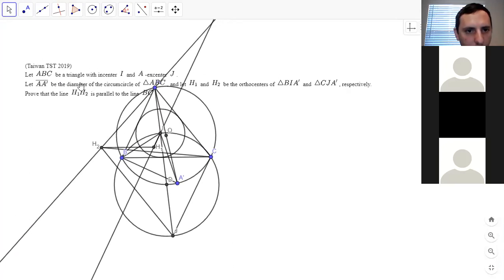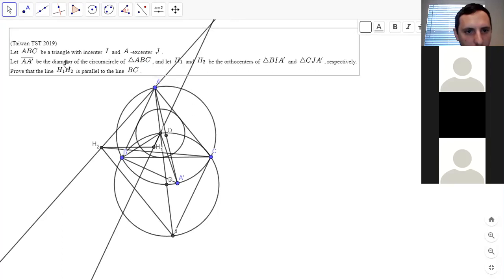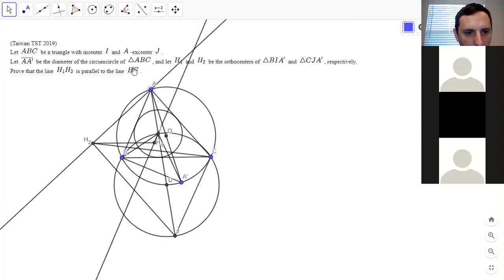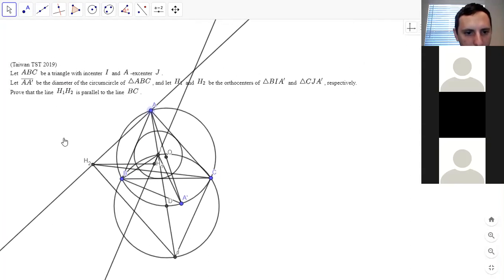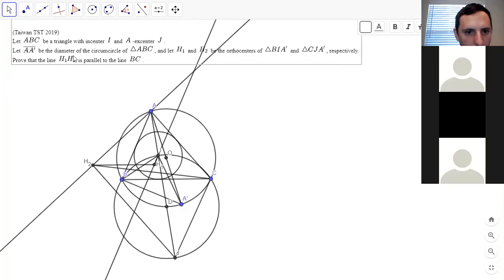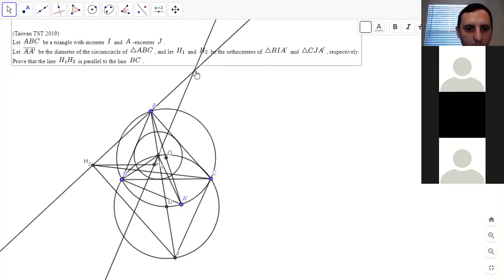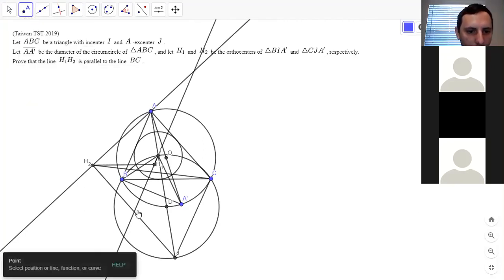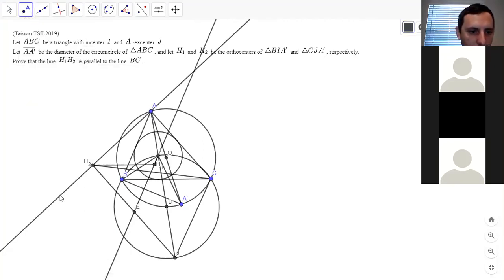Shrink it a little bit. Is it okay if I intersect it? The intersection point, IH1 with JH2. Oh, JH2, I'm sorry, I thought you said AH2. So yeah, I can delete this.